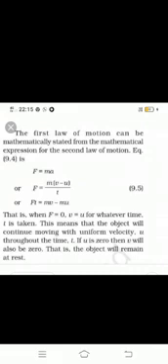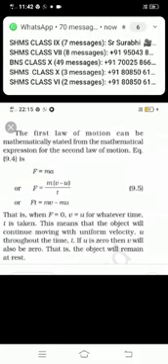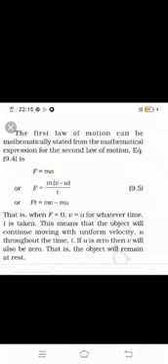Here we see that when F equals 0, meaning force is not applied, then v equal u, which means the final velocity and initial velocity become equal. This proves that when an object is moving, its final motion also remains the same if force is not applied on it.